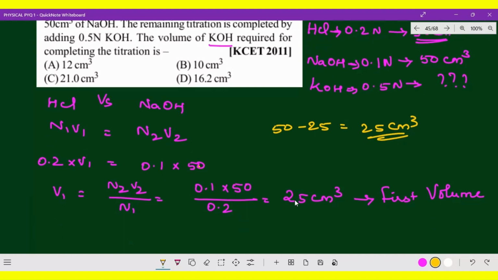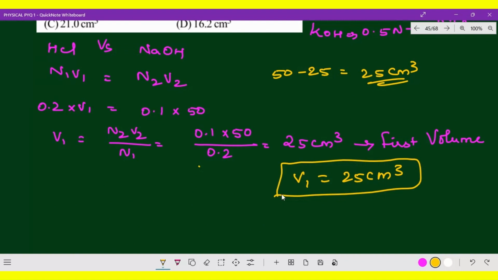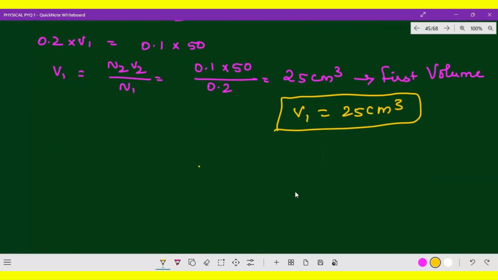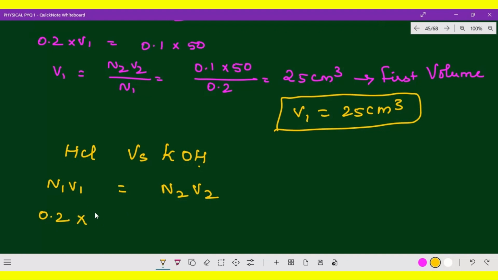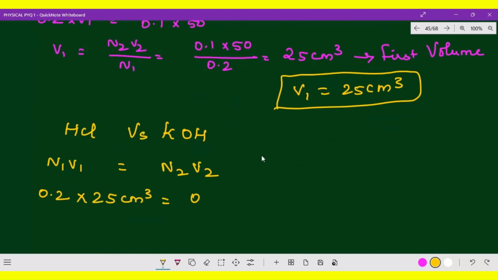So V1 is 25 centimeter cube. Let it keep as it is. Now the second one, we have to identify: HCl versus KOH. The same idea, N1V1 equals N2V2. So N1 is again 0.2 into 25 centimeter cube equals, here KOH, the value they have provided is 0.5.